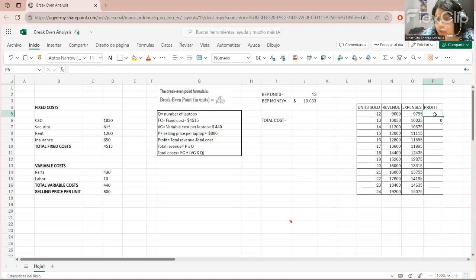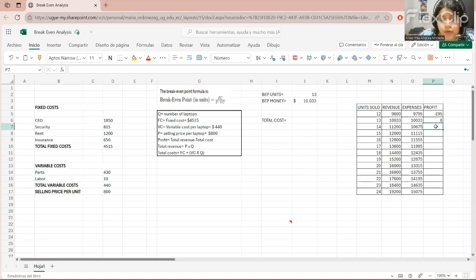And for the profit, okay, for the profit, we have the formula that is equal to the revenue less expenses.